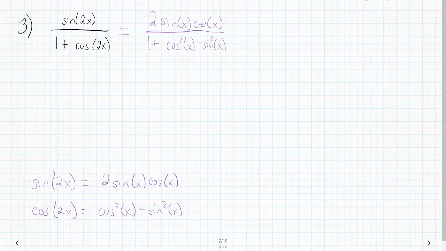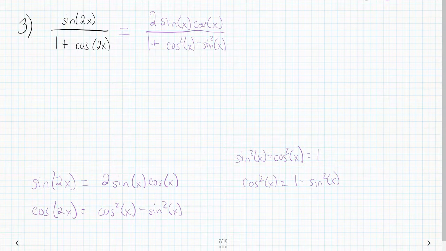Not to be confused with cosine squared x plus sine squared x. We do know that sine squared x plus cosine squared x equals 1. So what that tells us is that cosine squared x also equals 1 minus sine squared of x.